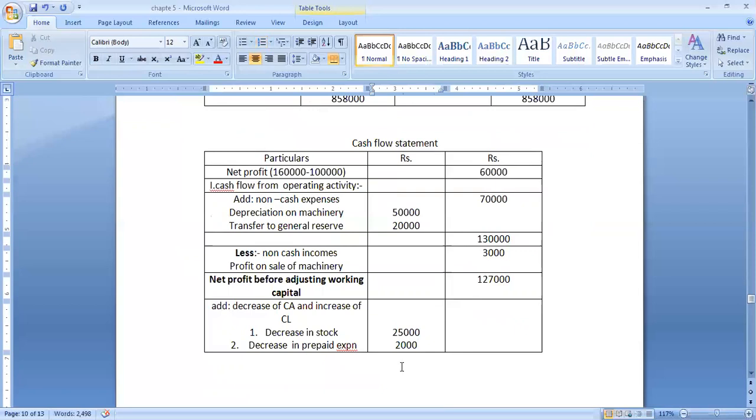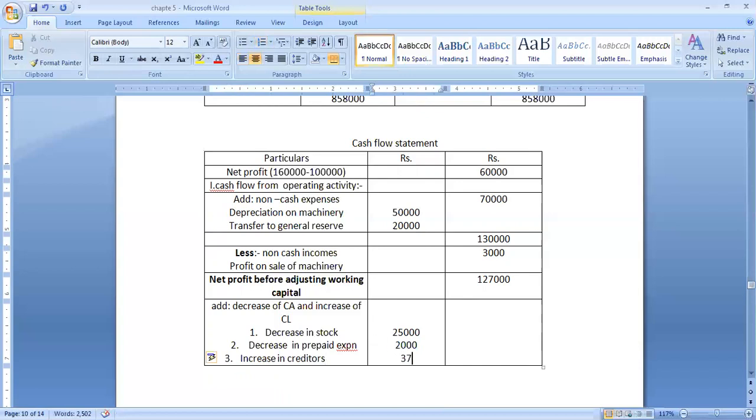Here there is one more transaction which is indicating an increase in creditors. What is the value of the increase in creditors you got?